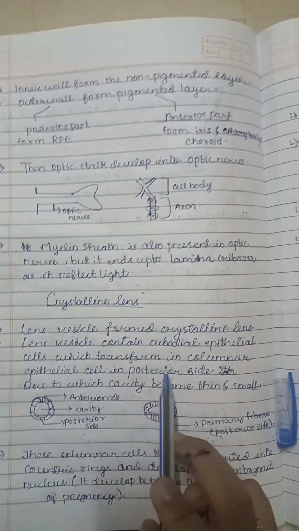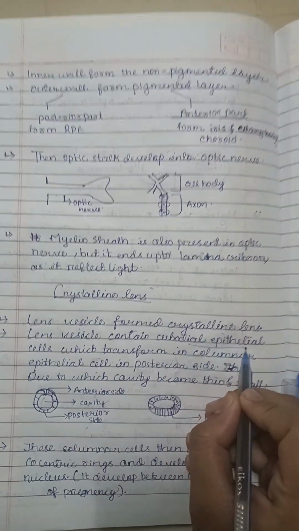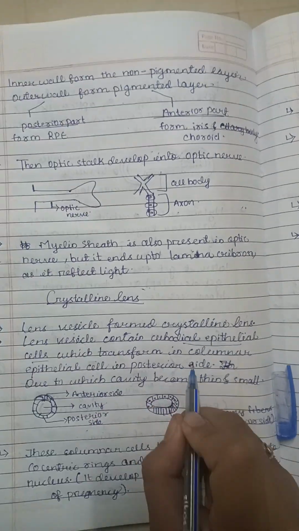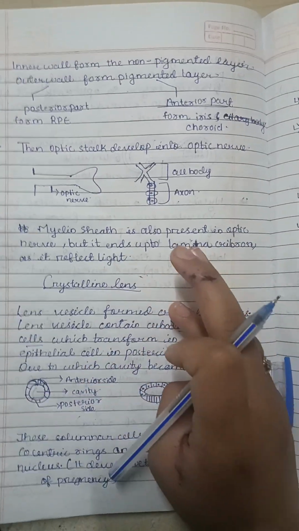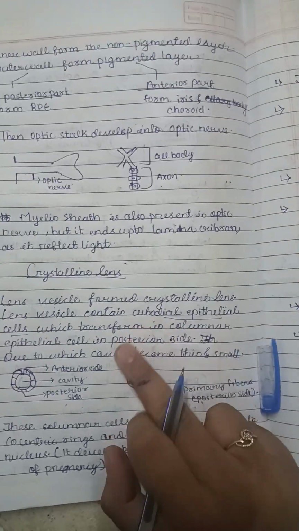The lens vesicle contains cuboidal epithelial cells which transform into columnar epithelial cells on the posterior side.